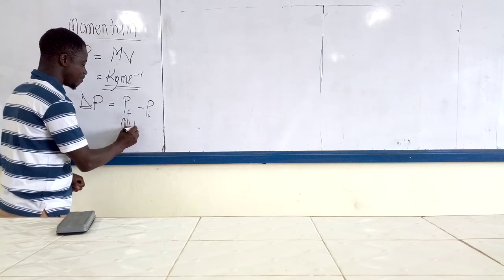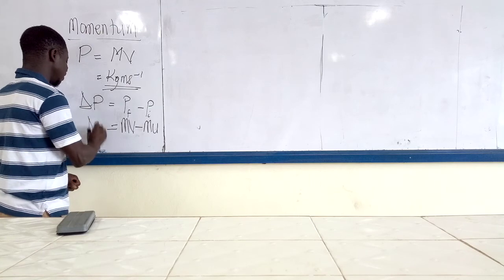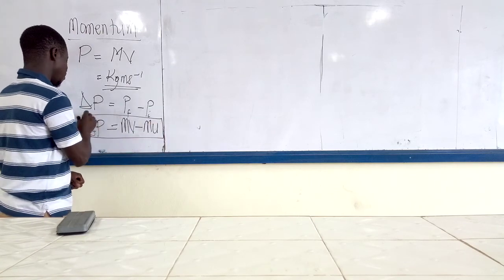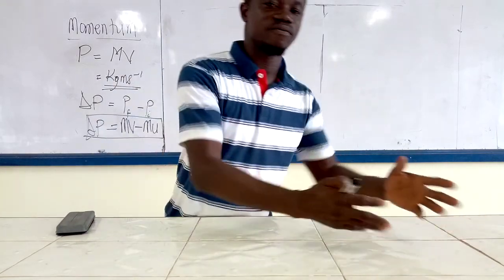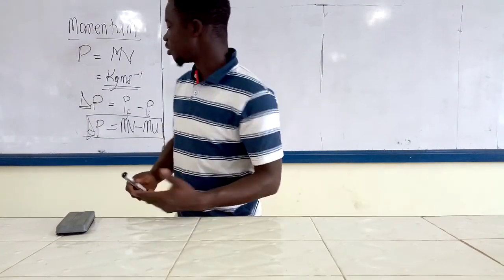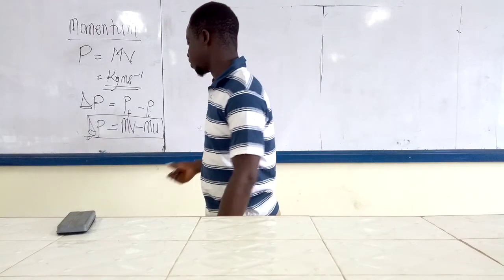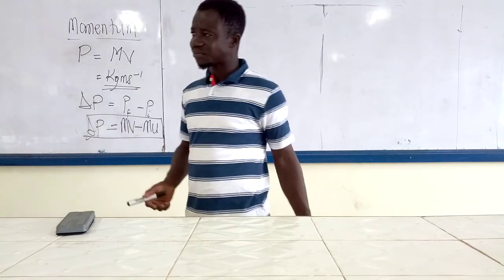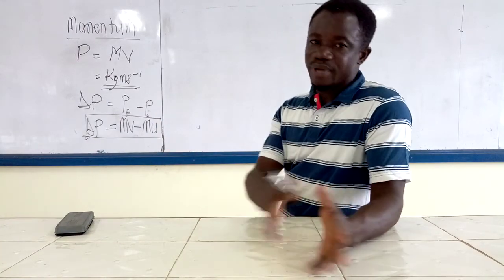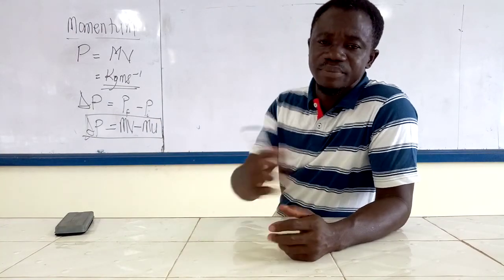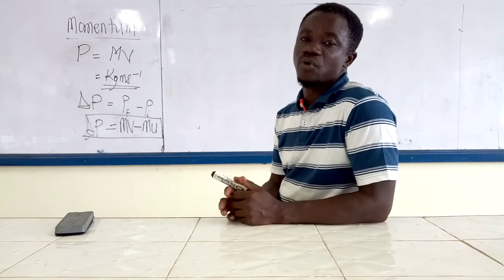So mv minus mu, that is the change in momentum. And the change in momentum must take place in the direction of the force. So when the change in momentum takes place in the direction of the force, that is according to Newton's second law of motion, the change becomes positive. The moment the change becomes negative, then it means that the change in momentum is in opposite direction to the force.